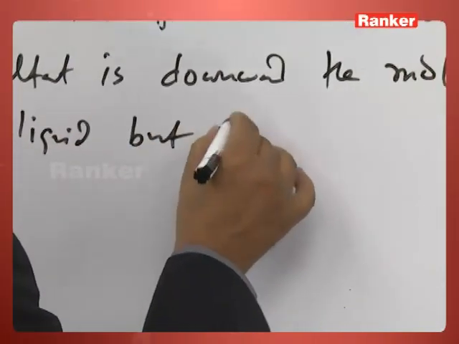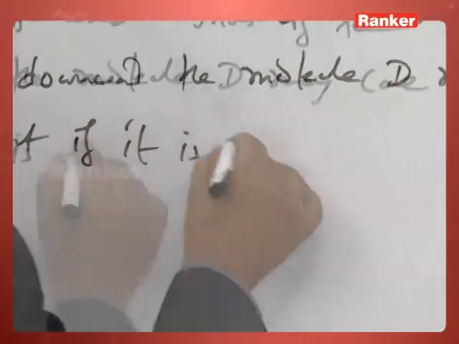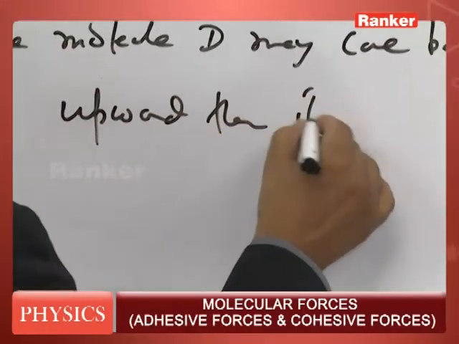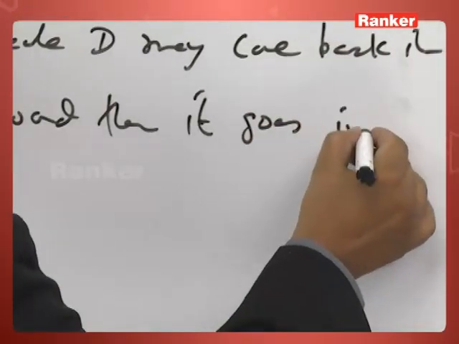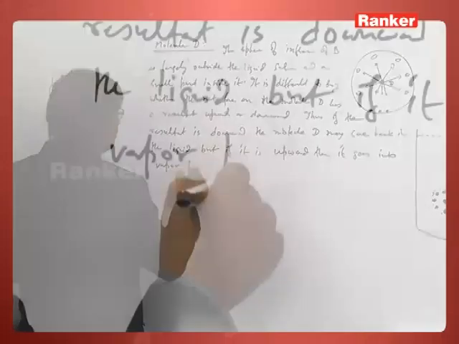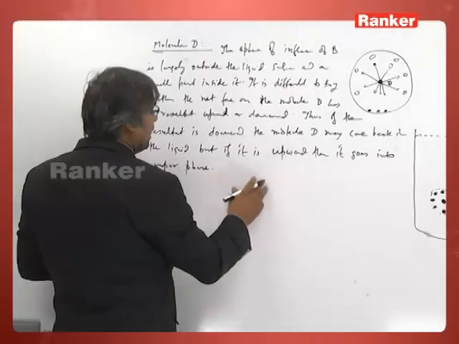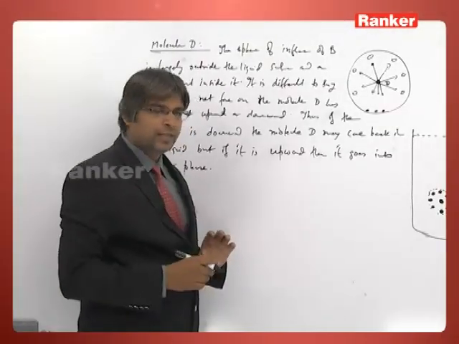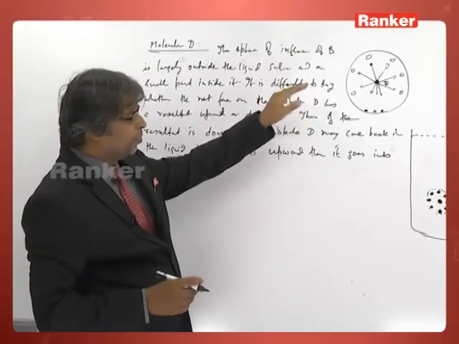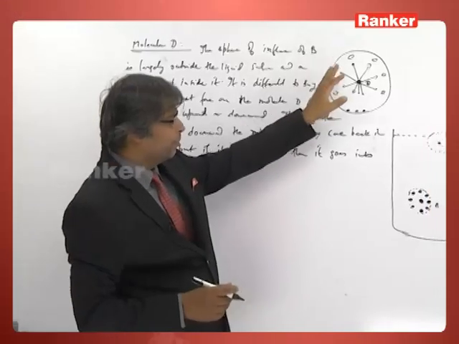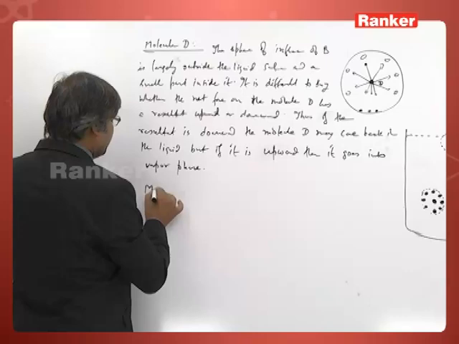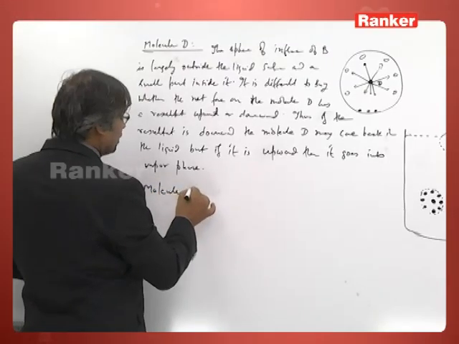But if it is upward, then it goes into vapor phase, and thus it comes out of the liquid. So, it can go both ways, either up or down. Now, come to the molecule at E.